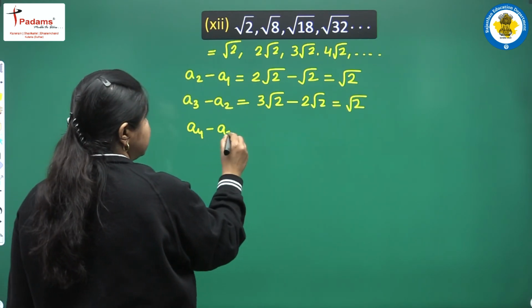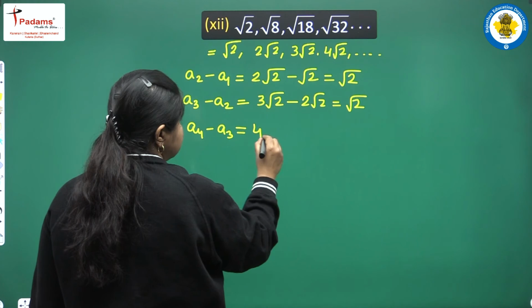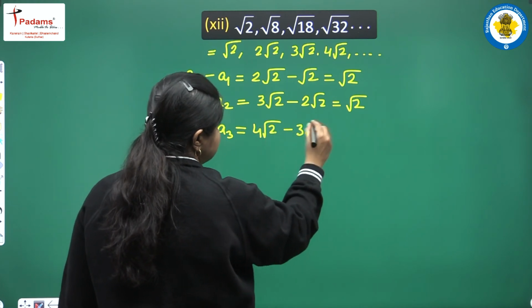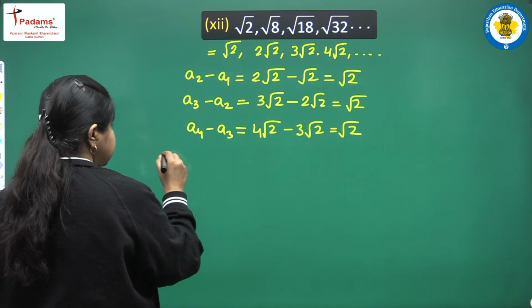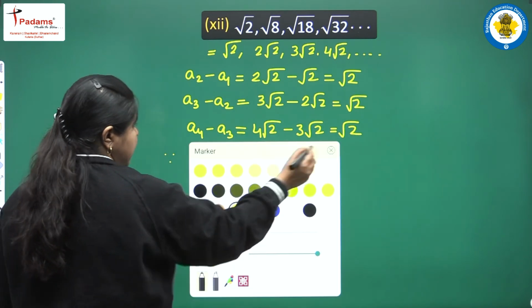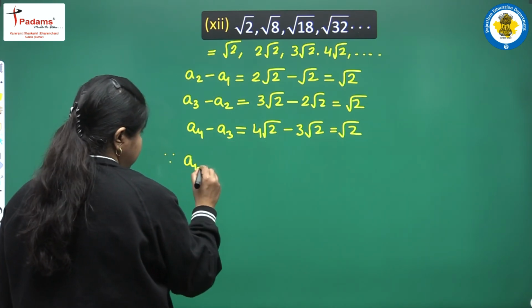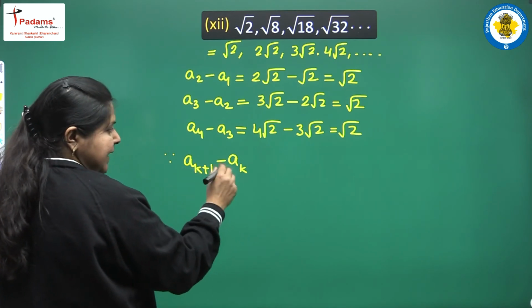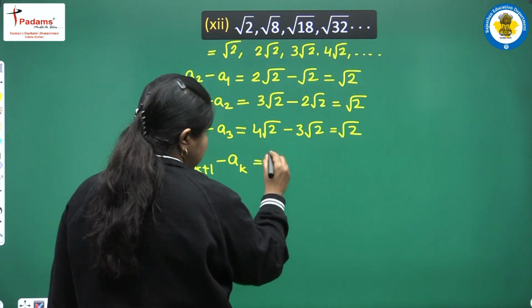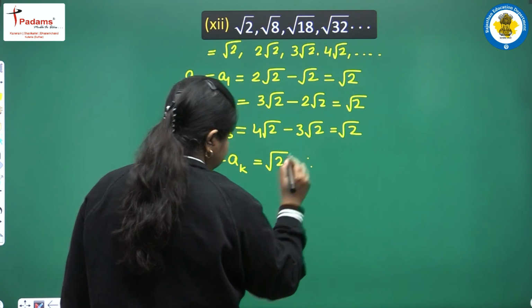A4 minus A3. This is 4√2 minus 3√2. Again it is equal to √2. So every time the difference is same, we can say since a k plus 1 minus a k, these are the k plus 1th term and kth term, इनका difference हर बार आ रहा है √2.